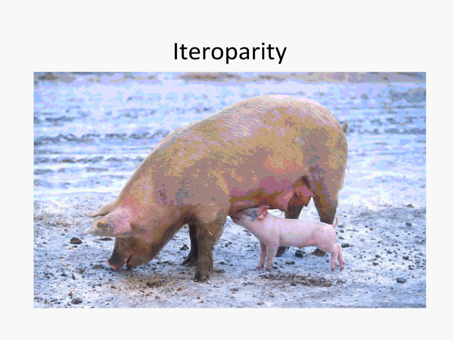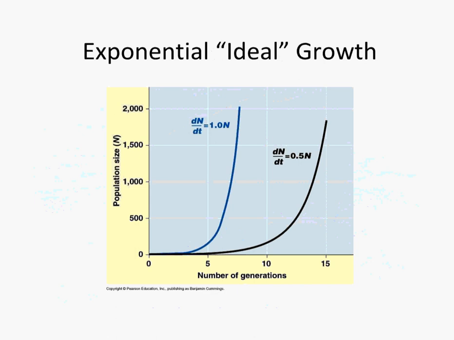That leads us to two different growth models of populations. One of them is called exponential growth, and this involves a type of species that is called an R-selected species. Think of R being rapid growth, and this is where the population size is related to resources, and if there's an abundant amount of resources, then that population will just continue to thrive and will not be limited at all.